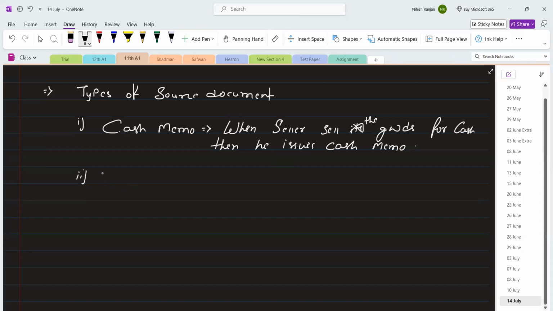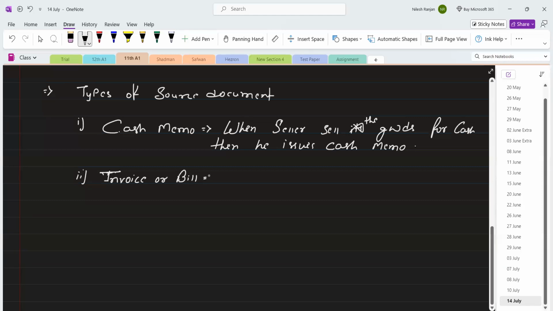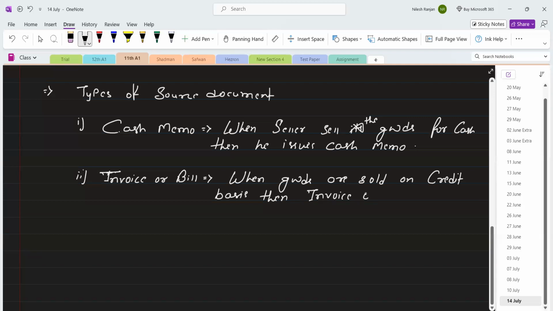The second is invoice or bill. When goods are sold on credit basis, then an invoice or bill is issued by the seller.